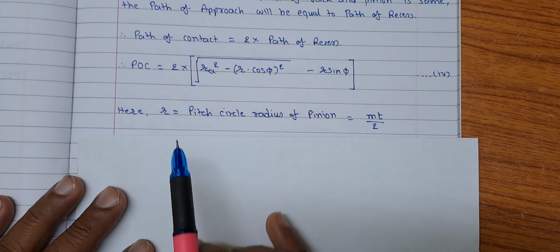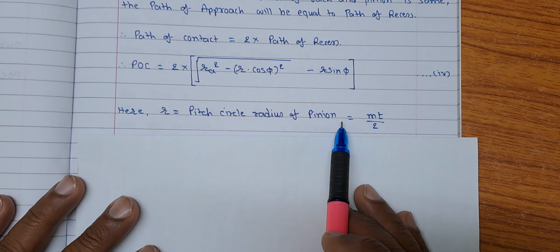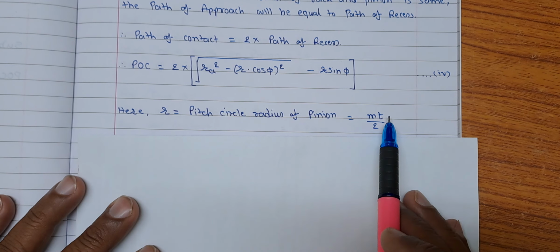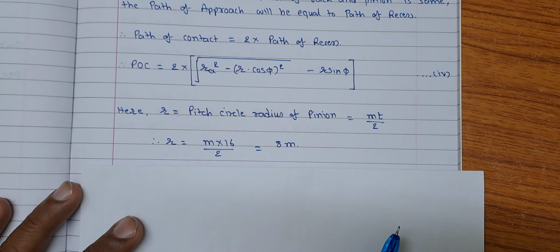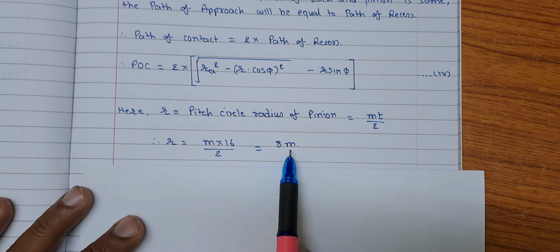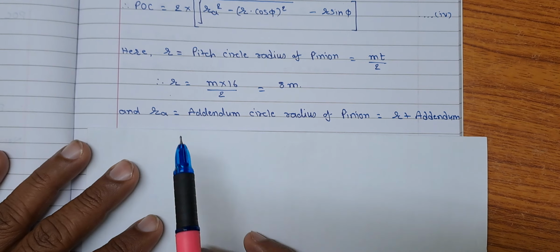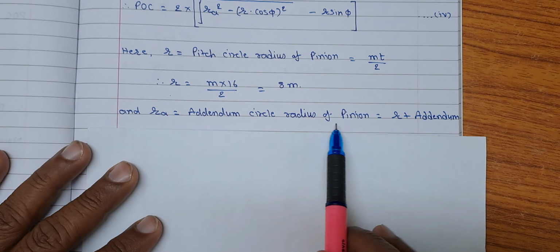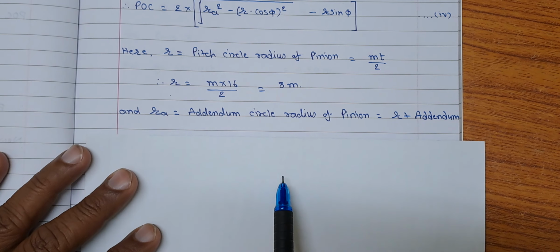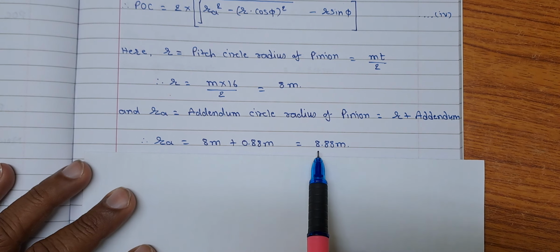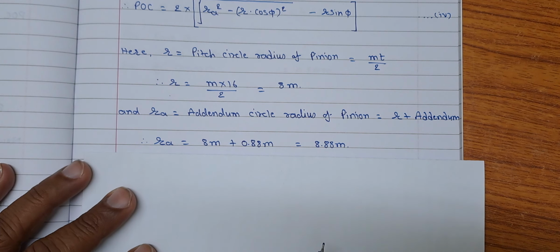Again here small r is the pitch circle radius of pinion given by mt by 2, and we found it is equal to 8 times module. And ra again, it is the addendum circle radius of pinion, that is 8.8 times module.